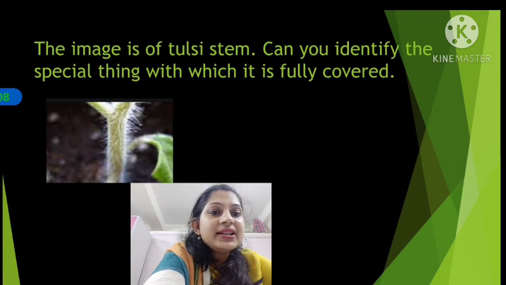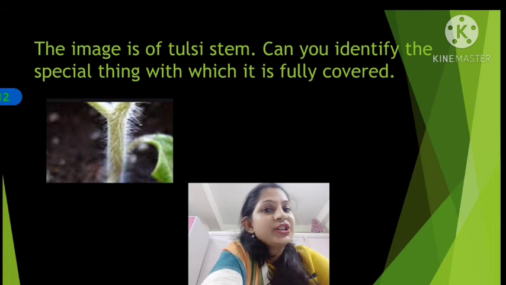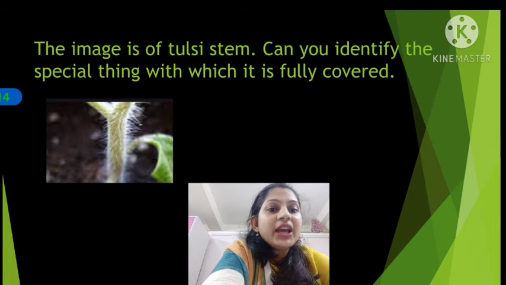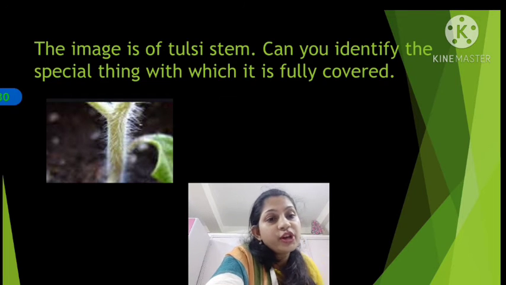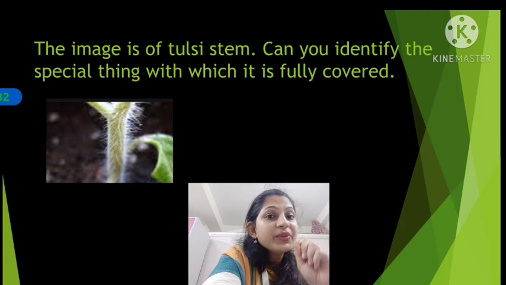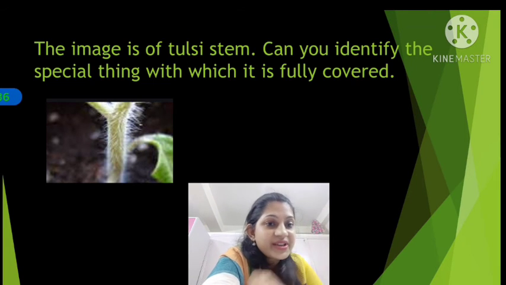Now let us move ahead and see a question. Till now, whatever we have done, let us see if you are able to give the answer. An image of a tulsi stem is given. Can you identify the special thing on its surface with which it is fully covered? I am talking about the special thing present on the surface of the stem.